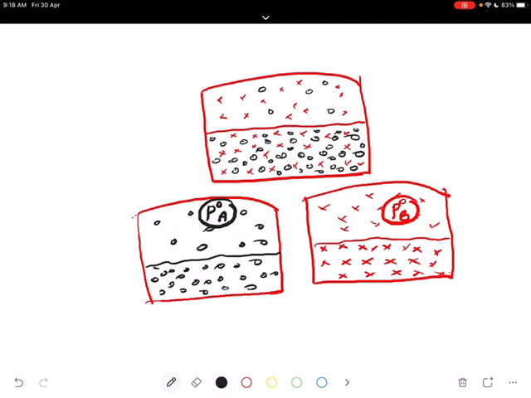Here component A, that is the black one, is less volatile, meaning you can see very few black particles in the vapor phase. But here the red one is highly volatile. More and more vapors you see in the vapor phase.